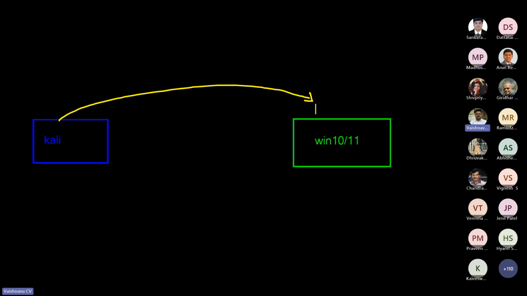Here the attack can be a payload in the form of an exe. Once the exe is executed inside Windows 11 or Windows 10, what will happen? The system will contact back to Kali, and this connection has a name: a reverse connection.